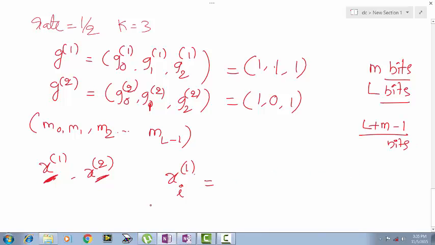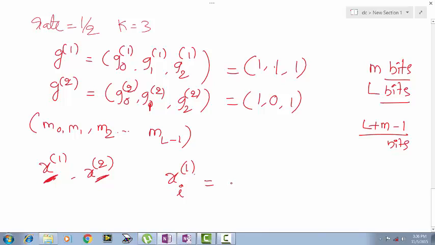The suffix I denotes which bit, whether it is the 0th bit, first bit or second bit. To find the first output, I need to perform discrete time convolution of the message sequence with the first generator sequence.